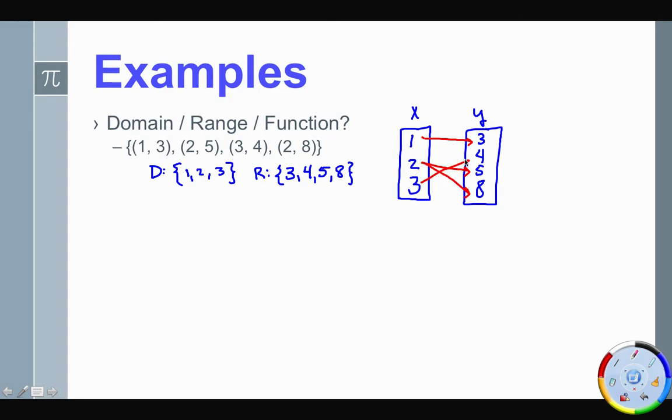And then 3 maps onto the 4. Now, a mapping diagram is not necessary, but I just wanted to practice that skill one more time. If we notice that right here, because 2 maps onto both 5 and 8, this is a non-function. So this is a non-function.